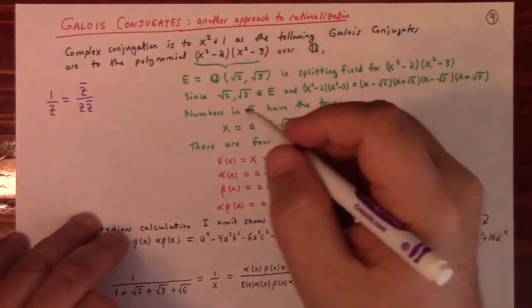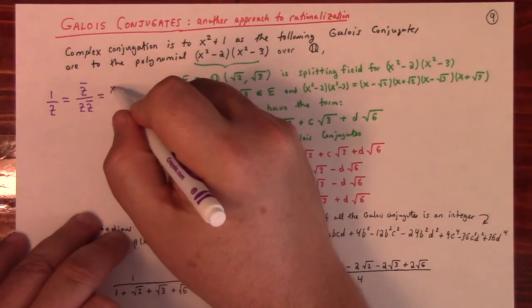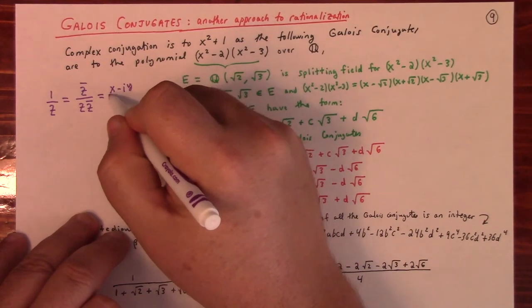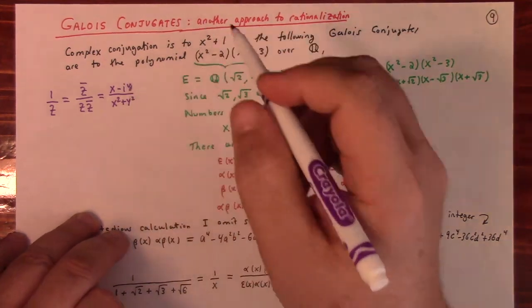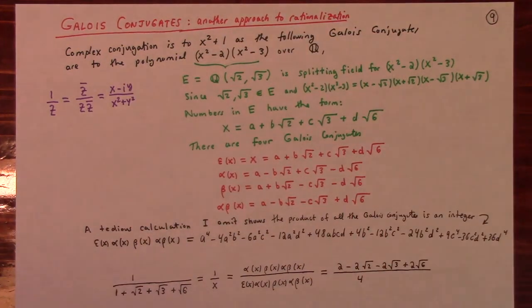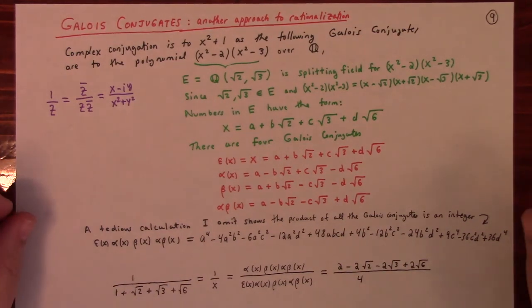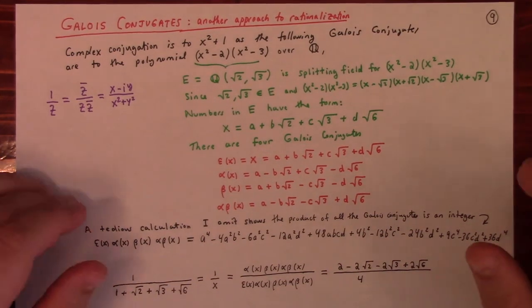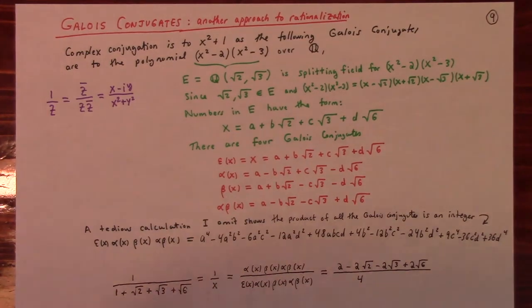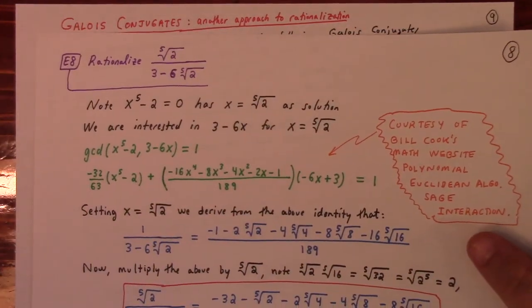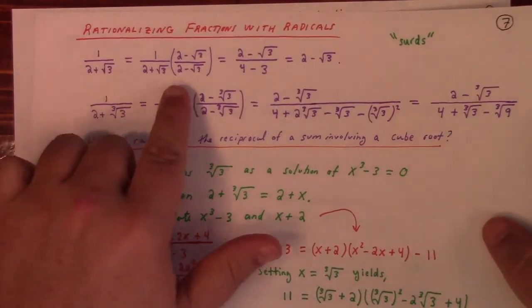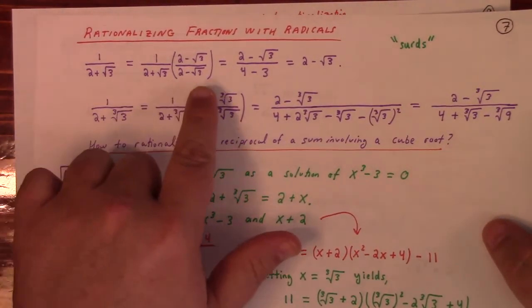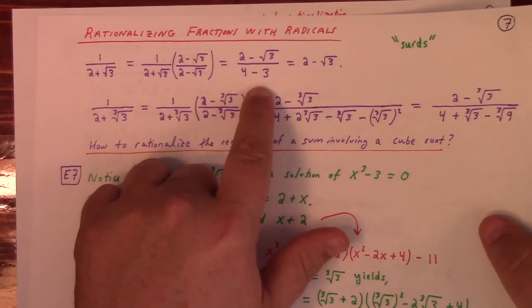And it turns out that is x minus iy over x squared plus y squared. So this is the magic of the conjugate trick, it makes the denominator into something real. And similar things happen, like I was just showing you in the previous one, back here, right? Same idea here. Multiplying by the conjugate made this go from something with radicals to something without, right?